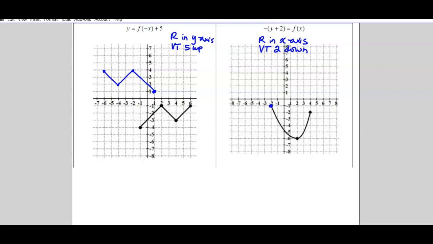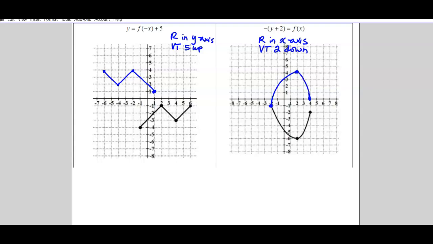Next one, the reflection, so negative 6 in the x-axis becomes positive 6, and then 2 down. Here, this is negative 2, becomes positive 2, and then 2 down. So it's kind of bigger on that one, remember, and steeper on that one.